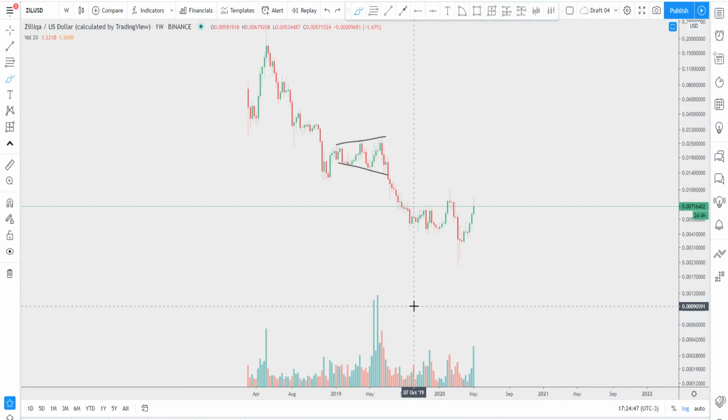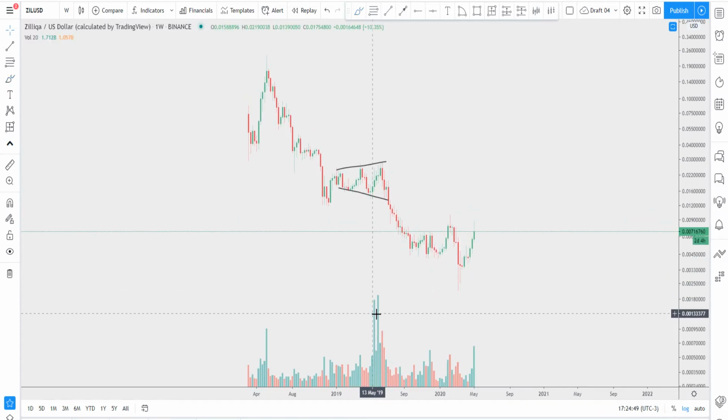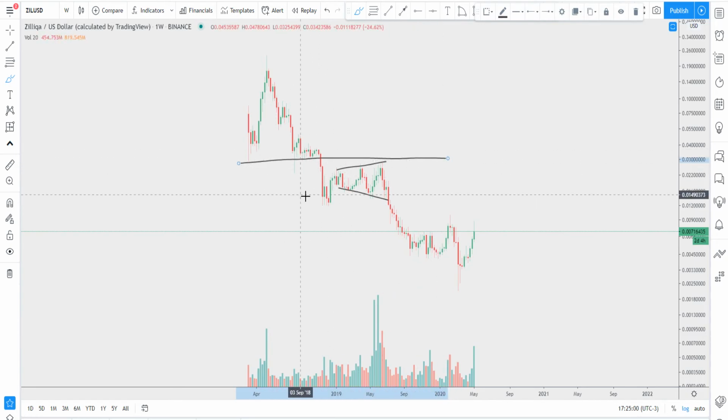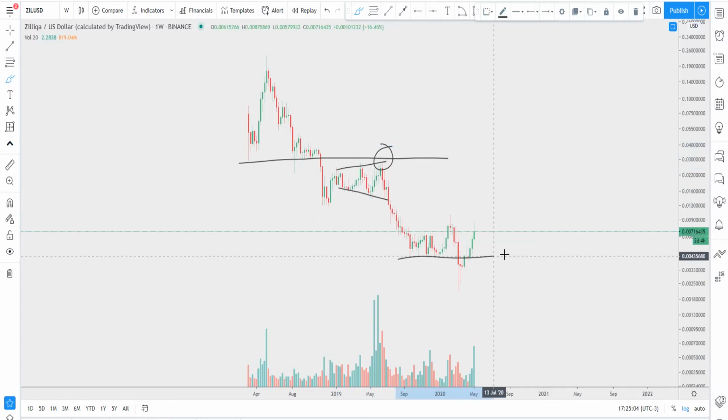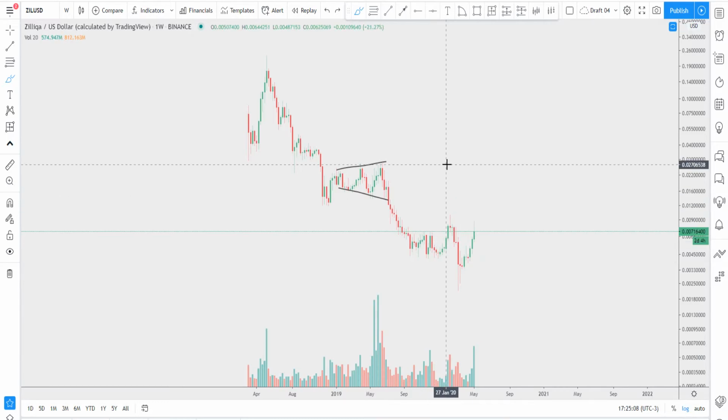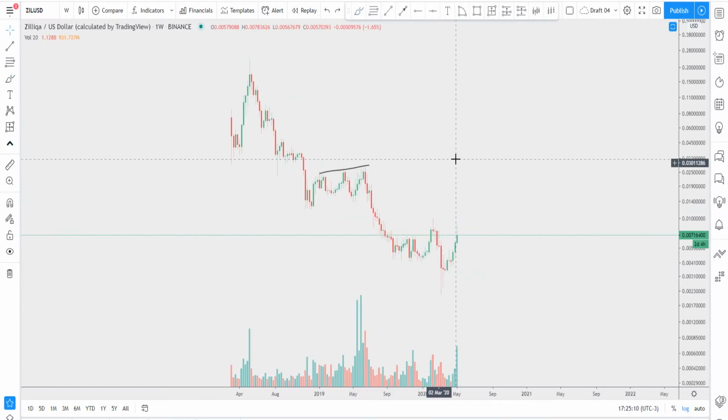In my humble opinion, I truly believe they let it go because they were also aware of the previous resistance. And we know the smart money and professional traders don't long resistance, only support levels. So just a few things for you guys to have in mind.